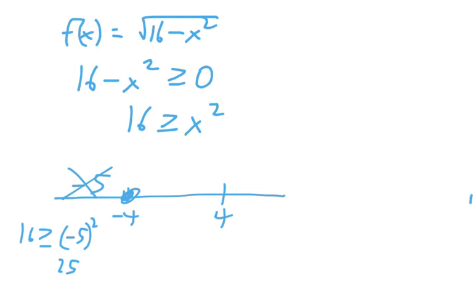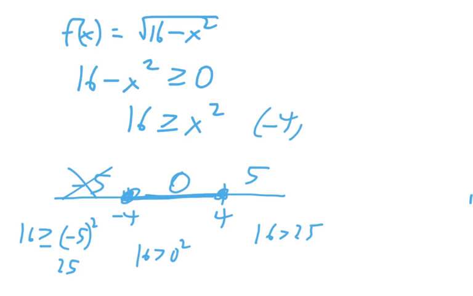Then I pick a number in the middle, which is 0. Is 16 greater than 0 squared? Yes. So that basically means everything in here is going to work. And when I pick 5, I get 16 is bigger than 25, which once again does not work.